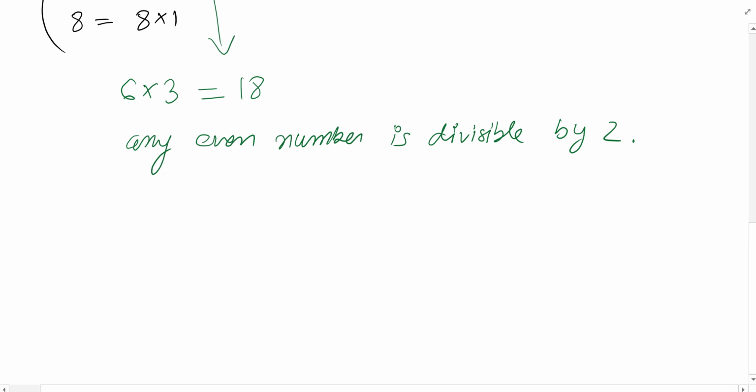So 18 is an even number, we know that, right? So 2 should divide it. Another factor is 2. So 18 is equal to 2 times what number? 2 times 9. Good. 2 times 9 is 18. So we discovered more factors of 18.